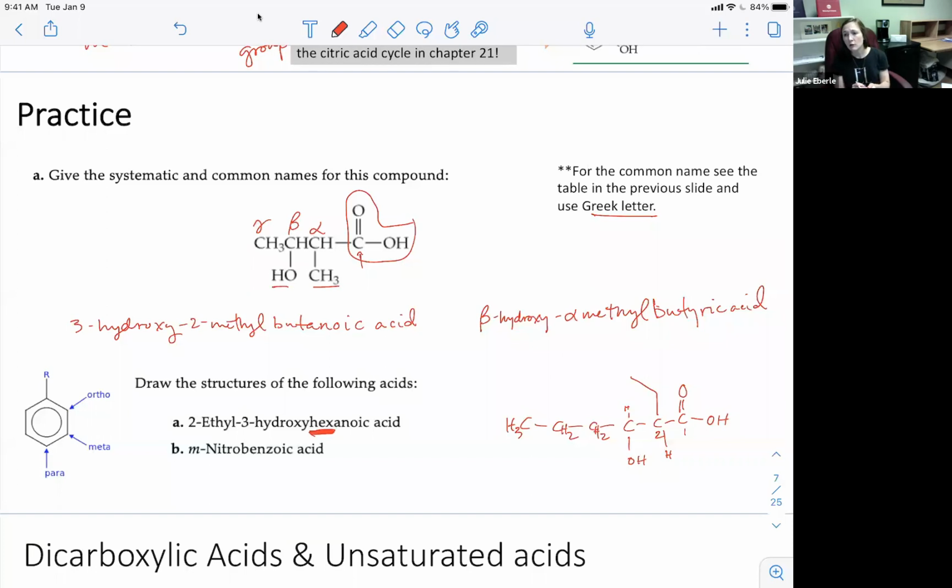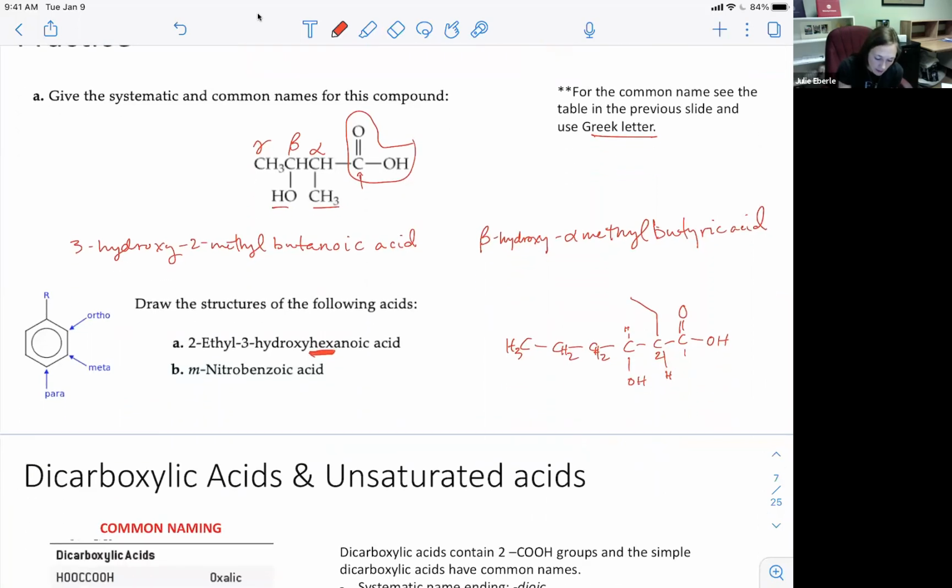But if you're going to draw a Lewis structure or a condensed structure, you've got to include hydrogens. Don't just draw the carbons. I know that we know where the hydrogens go, but draw them in, okay? Don't just leave a structure like this devoid of its hydrogens if you're going to draw it in a condensed or Lewis structure form.